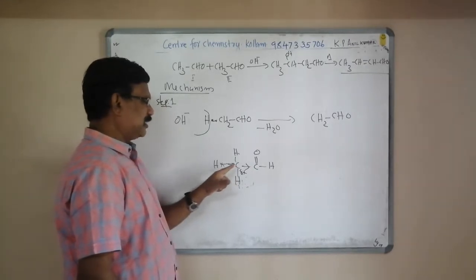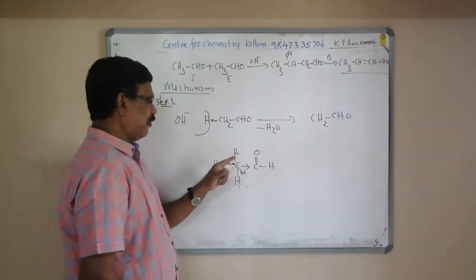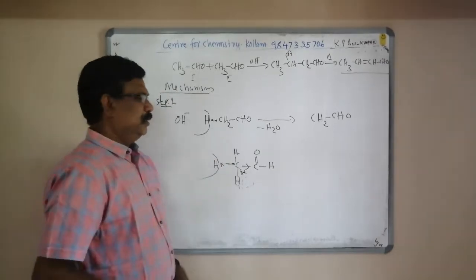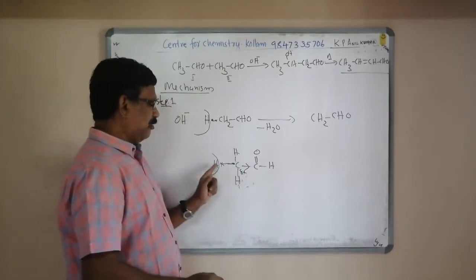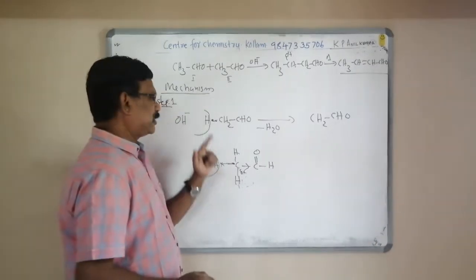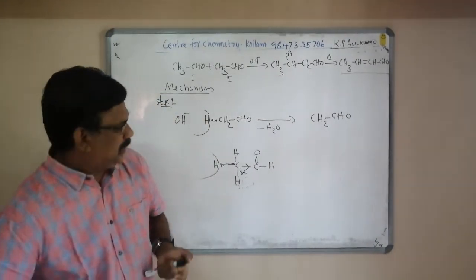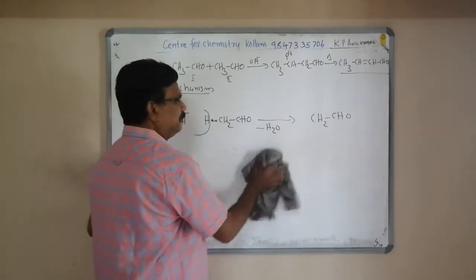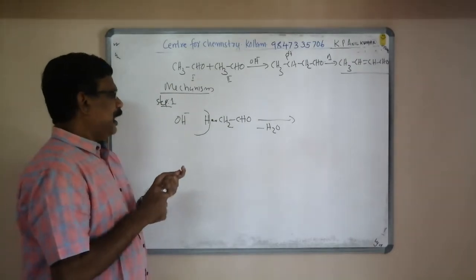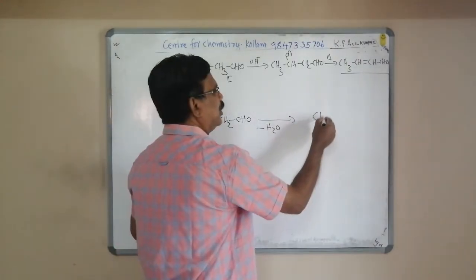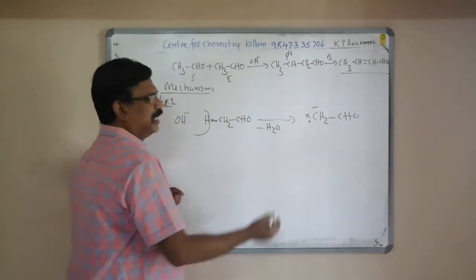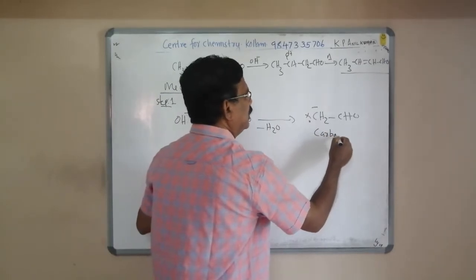That is why this positively charged carbon attracts the electrons of hydrogen, weakening the C-H bonds, and the H atom is removed as a proton. So in aldehydes and ketones, this alpha hydrogen atom is acidic in nature. That is why we use the base to abstract that proton. So in the presence of base, one of the alpha H atoms is removed as a proton and water is eliminated, and thereby a carbanion is produced, a lone pair on a negatively charged carbon, and this intermediate is called a carbanion.